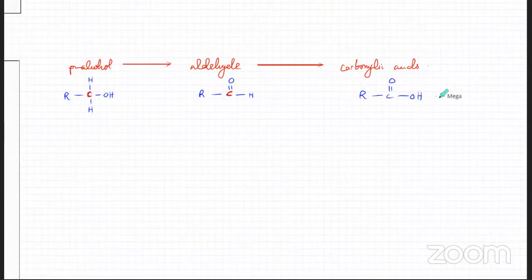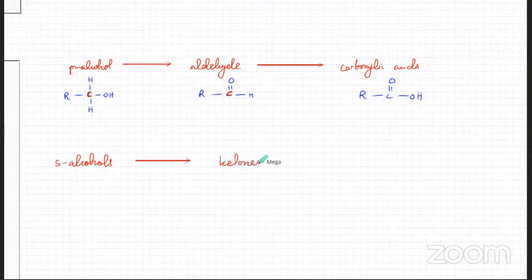And there's another oxidation, which is for secondary alcohols. Secondary alcohols turn into ketones. So for example, you have a secondary alcohol, which is carbon-OH. The alpha carbon is bonded to just one H, and on two sides there are carbon chains.